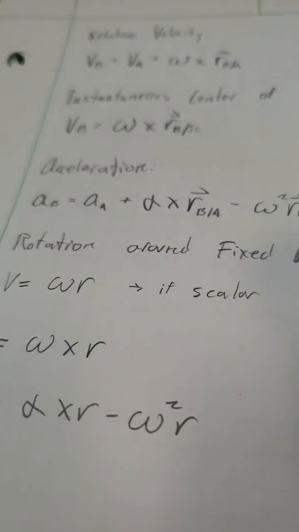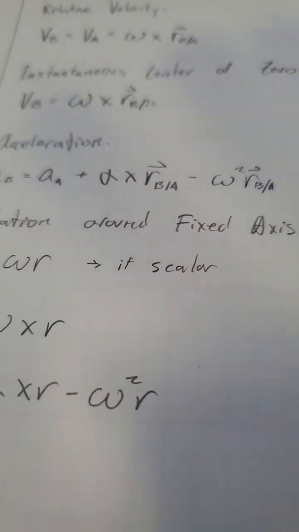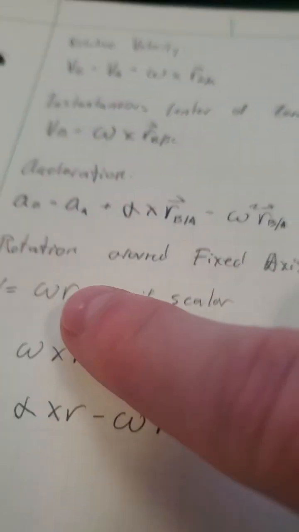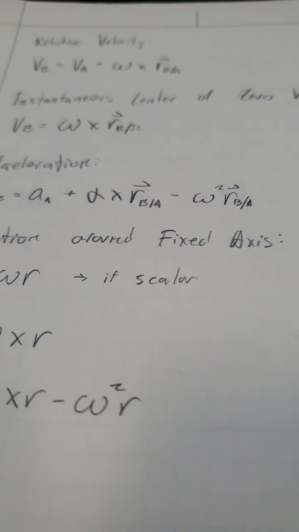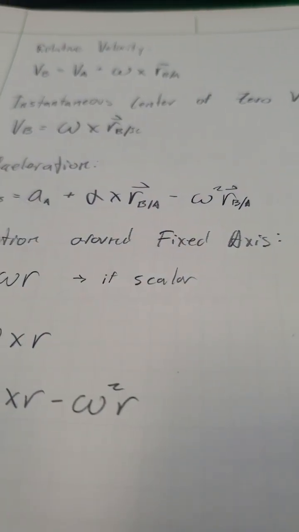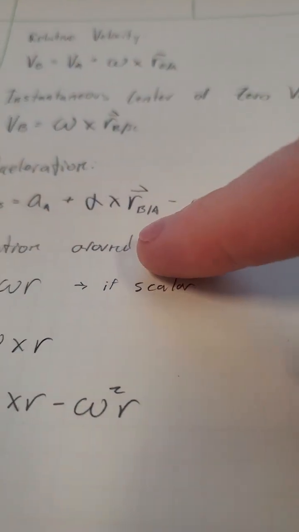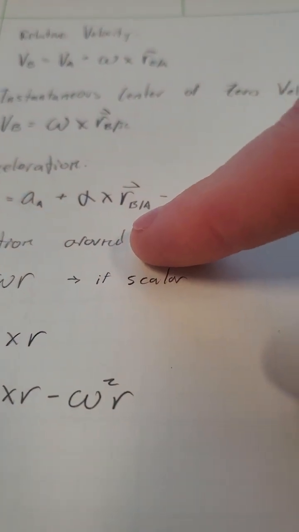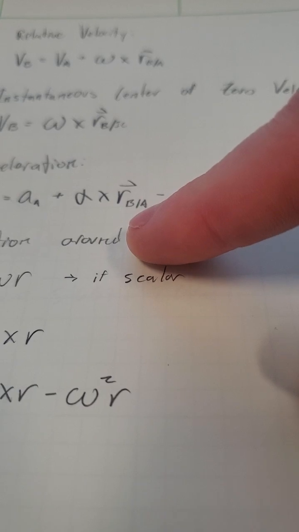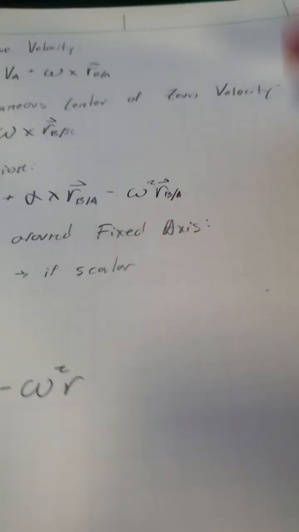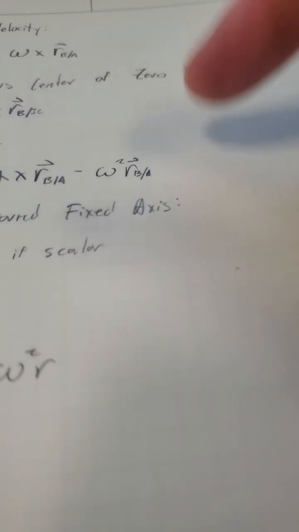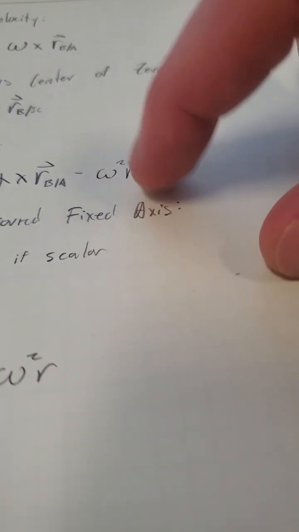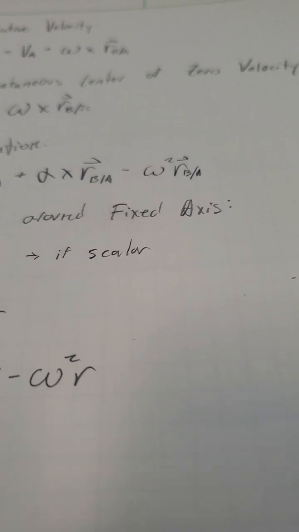We're now dealing with a lot of vectors. As you can see for the acceleration, we have the angular acceleration crossed with the distance. So this will be your tangential acceleration, and then this will be your normal acceleration pointing in, because this has to do with the angular velocity.